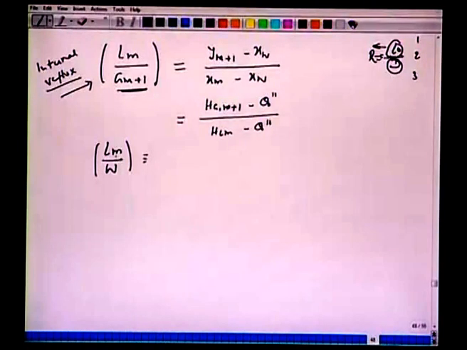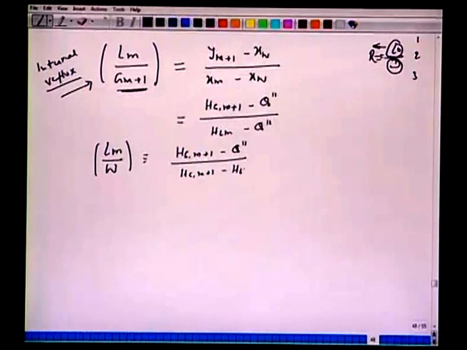So similarly, here we have Lm over W, and Lm over W one can write as (HGm plus 1 minus Q double prime) over (HGm plus 1 minus HLm).